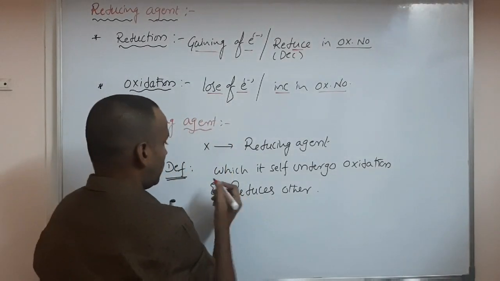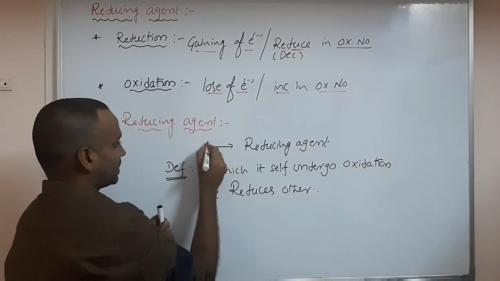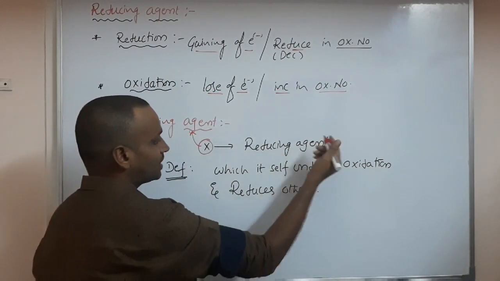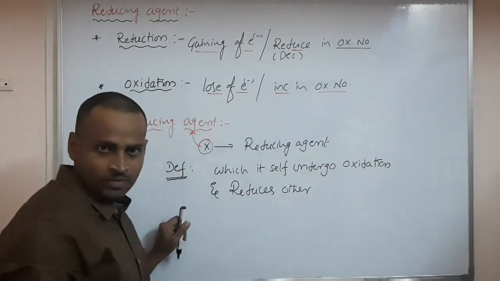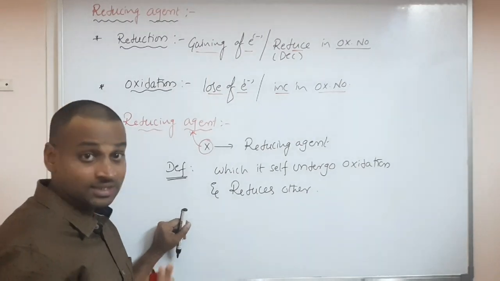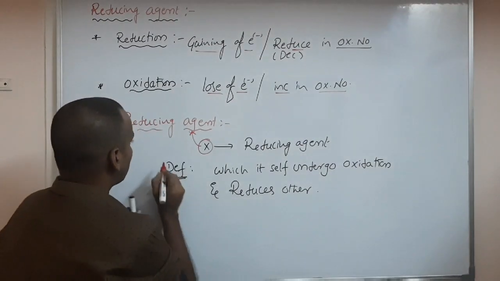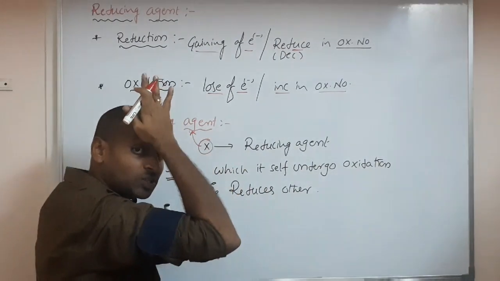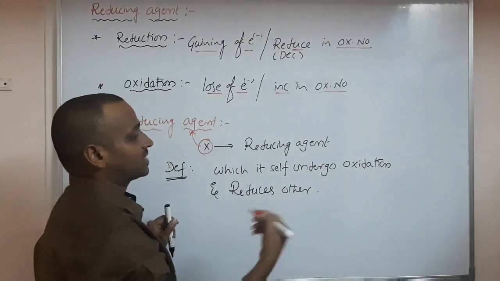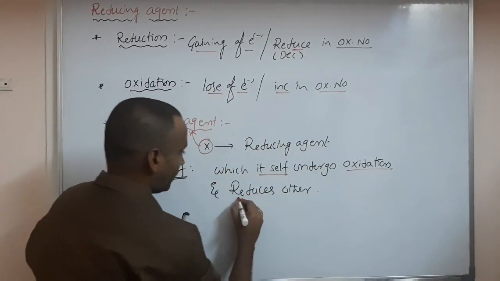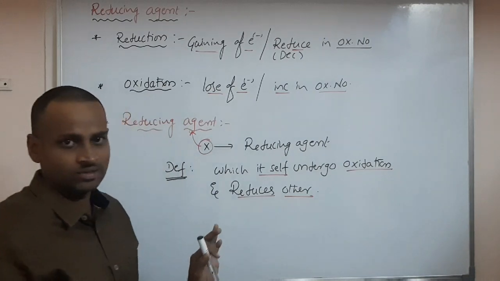Yes. So what is the reducing agent? This X is the reducing agent, which means it reduces others, but don't think it will undergo reduction. It will undergo oxidation. This is the most important thing. A reducing agent is the particular agent, atom or species which itself undergoes oxidation and reduces others. Simple.